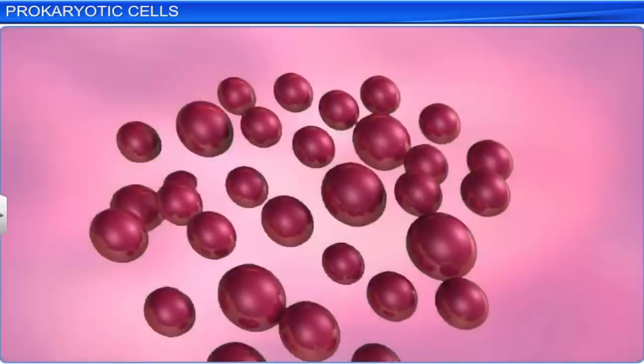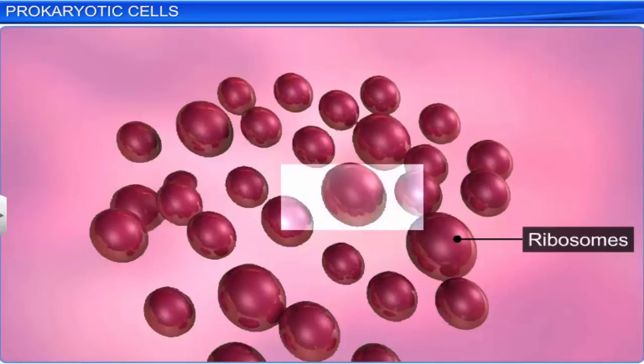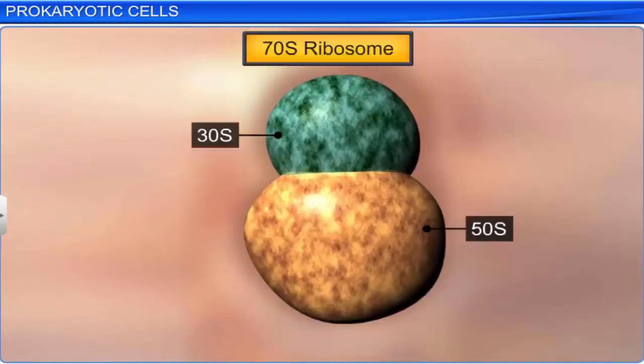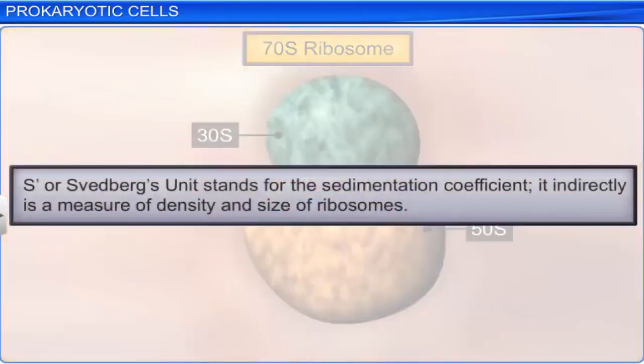The cytoplasm also contains ribosomes measuring about 15 microns by 20 microns in size, and consisting of two subunits, 50S and 30S, which together form the 70S ribosome. Here, S, or Svedberg's unit, stands for the sedimentation coefficient. It indirectly is a measure of the density and size of ribosomes.